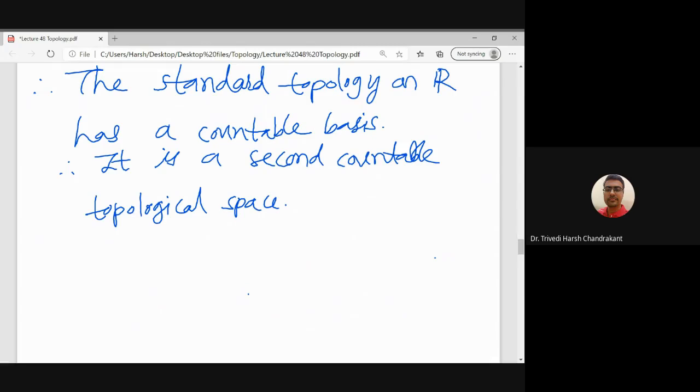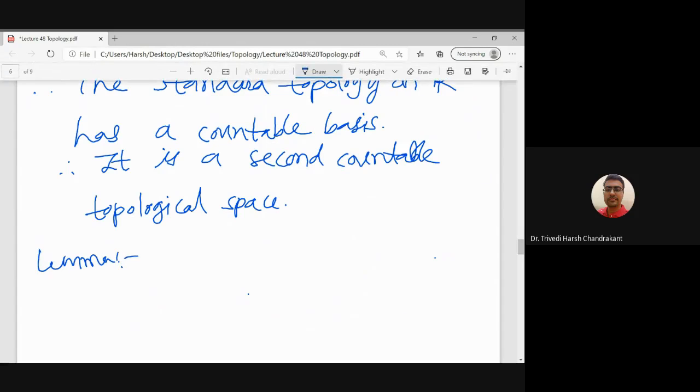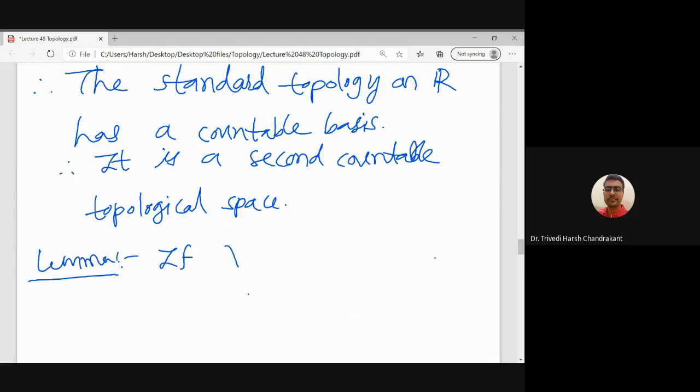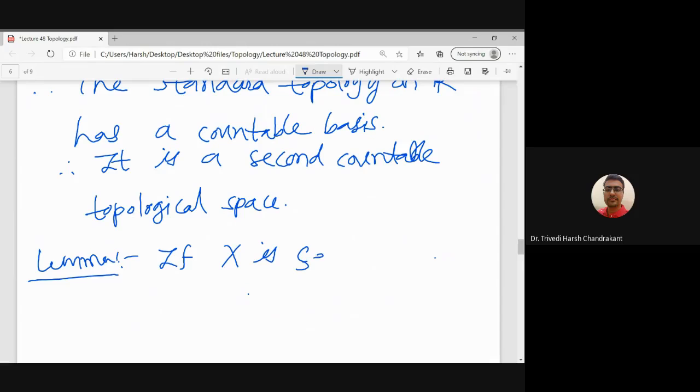So now the question is, what is the relation between a first countable space and a second countable space? That is a small result: if X is second countable, then X is also first countable.